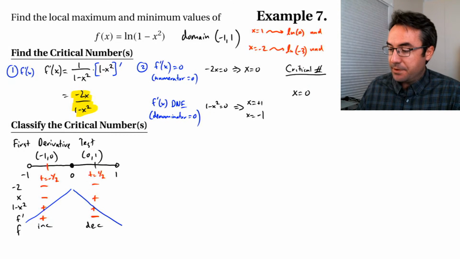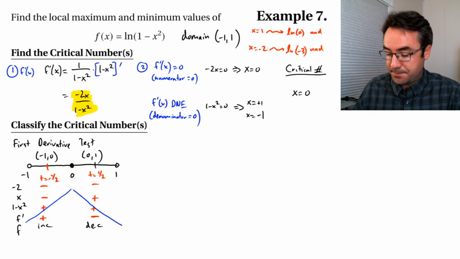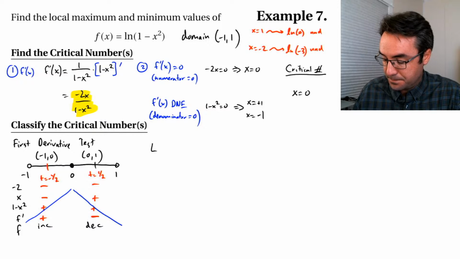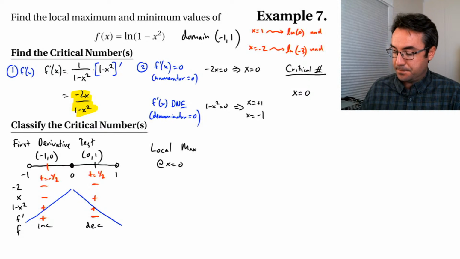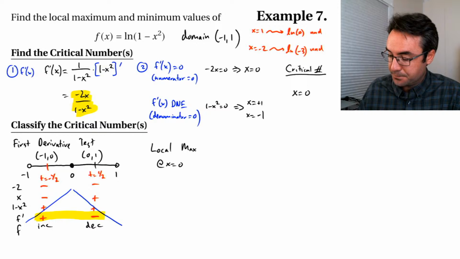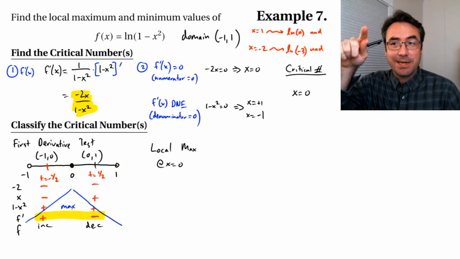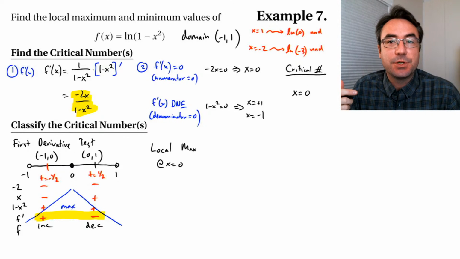And so what the first derivative test says is we have a local max at x equals 0. And that's because f prime switched from positive to negative. So that means we have a max. To help remember what the test says, it helps to draw in the general trend. It's going up, then it goes down, we have a peak. So we have a max.